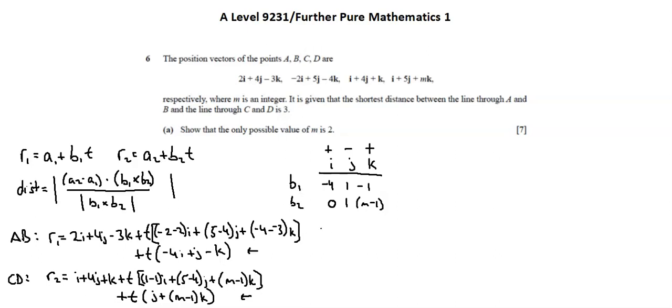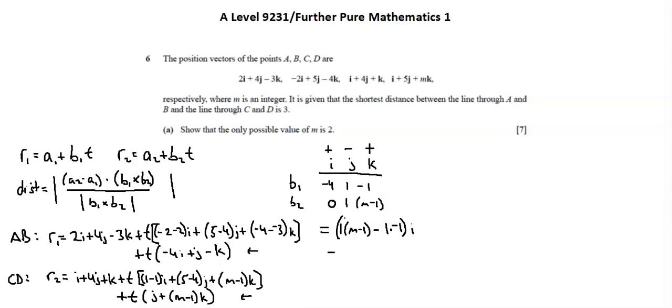Now I'm going to use minor determinants to find i, j, and k. For i, I'll use the minor determinant for j and k. So I'll multiply the b1j times the b2k, that's 1 times m minus 1. I will subtract the product of b2j and b1k, 1 times negative 1. This will be the i value.